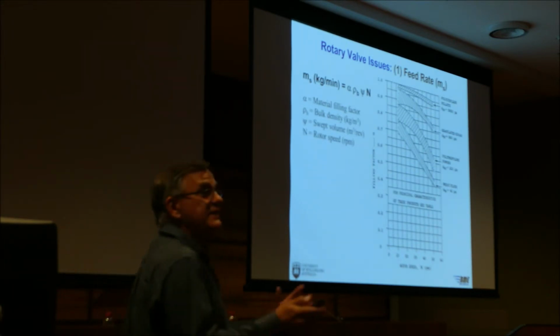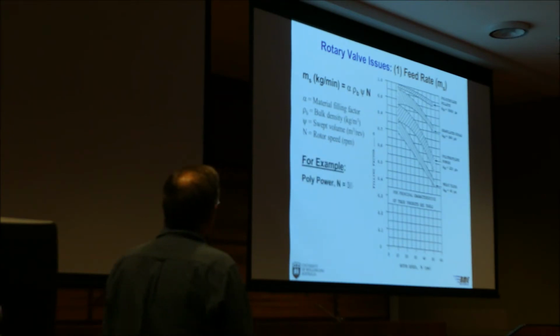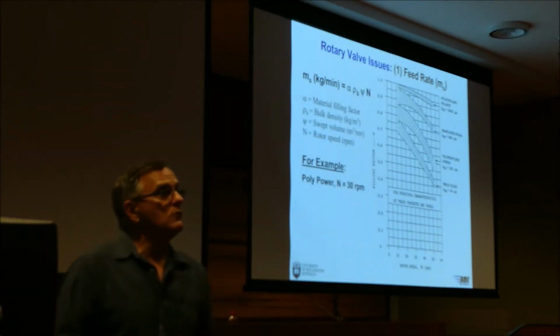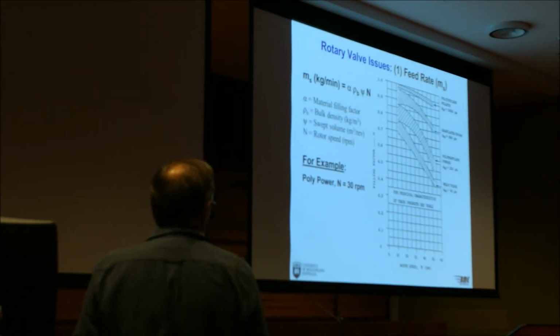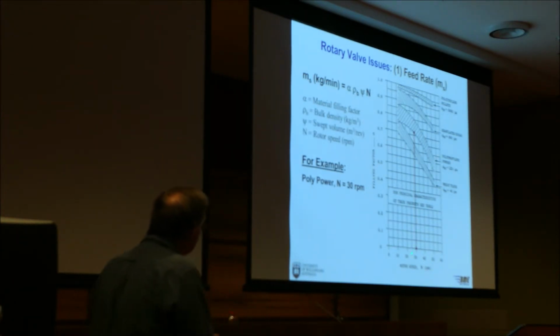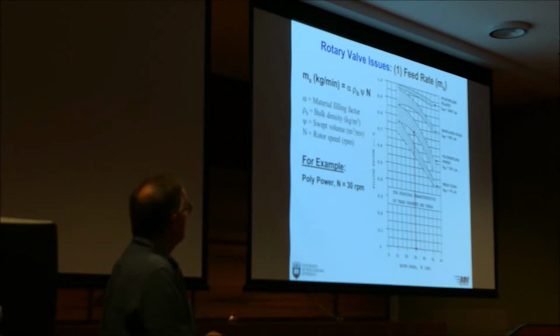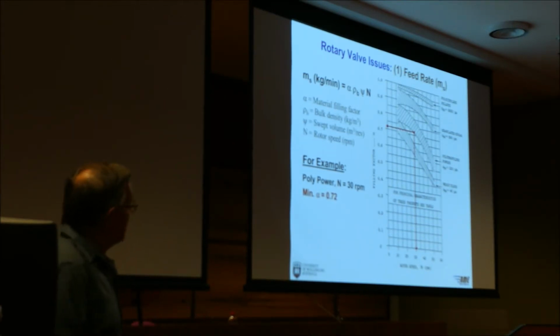All right, so just a quick example. Let's look at checking out poly powder with a valve at 30 RPM. You go at 30 RPM, go up to poly powder, and stop at the bottom curve. You go across and say, okay, my minimum alpha there is about 0.72.